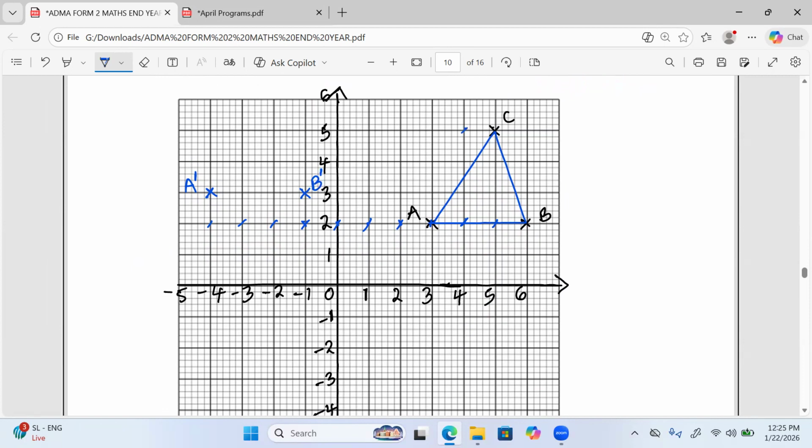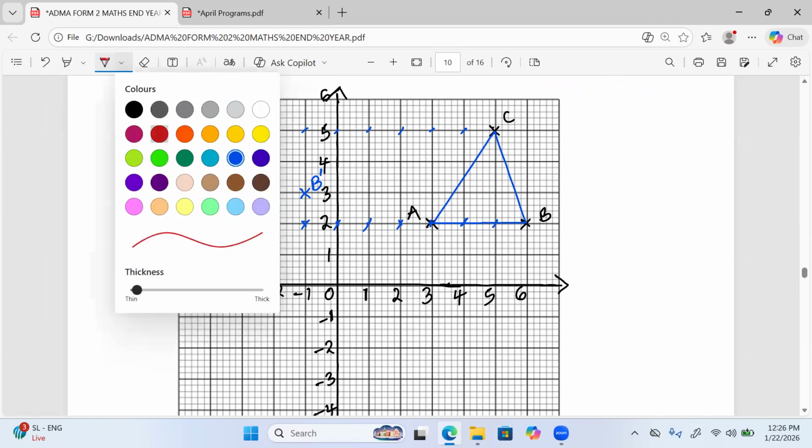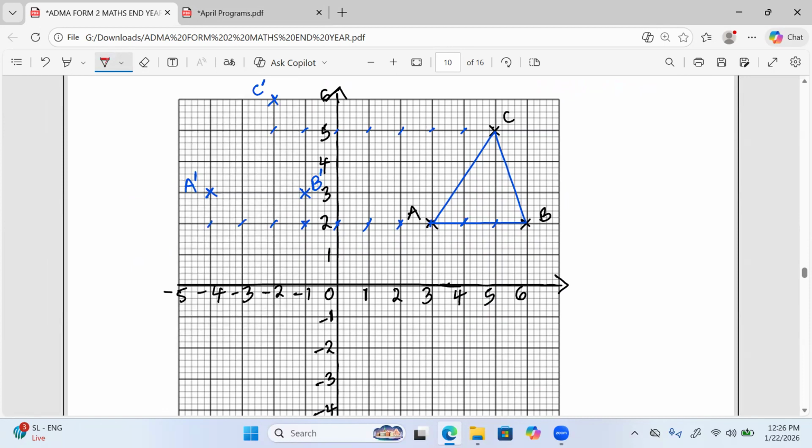So we move 1, 2, 3, 4, 5, 6, 7, then upwards 1 unit. This now becomes C prime. Now we're going to connect all these vertices. We've already identified them. We get the image of the first triangle under a translation with a given vector.